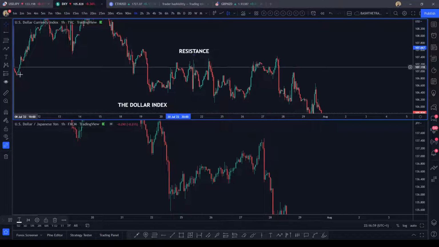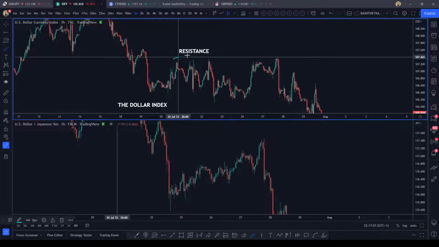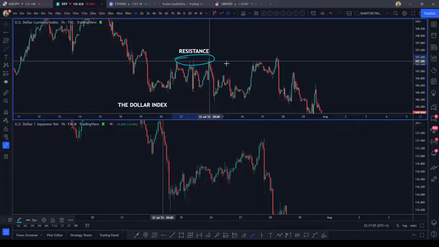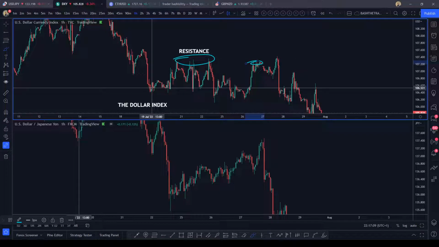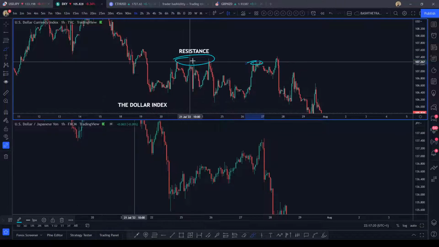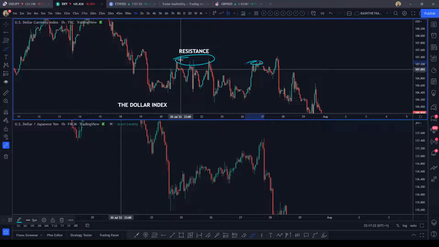I'm going to use the brush, and what we can see here is that there's a resistance of price going on, there's another resistance of price going on, right? So we know clearly that there is something preventing the price from going higher. Why is it that when the price gets to this resistance level, there is a reaction?